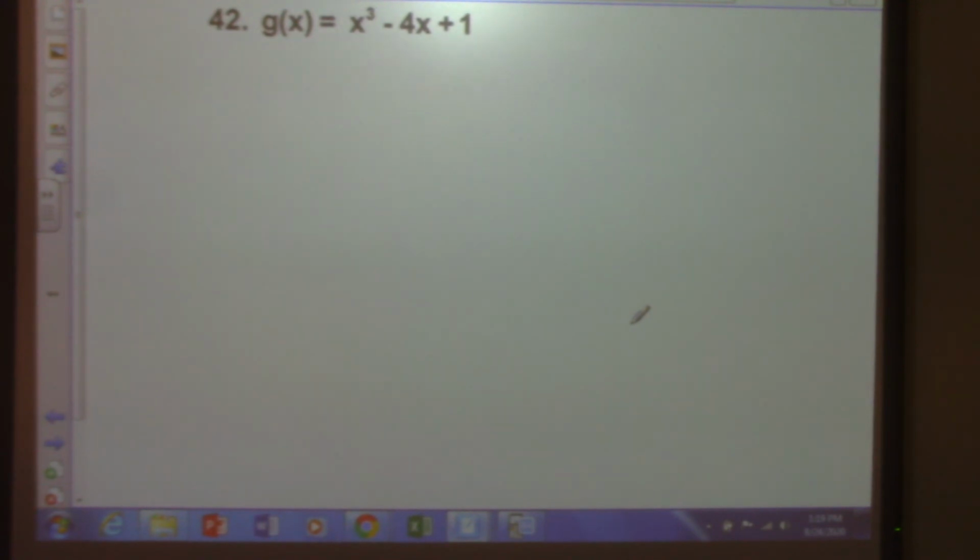Mathematics was only possible because the language, English in this case, was robust enough to support it, because you can only have symbols of language, right? Something like that. Anyway, so this one here, you get x cubed minus 4x plus 1, right?